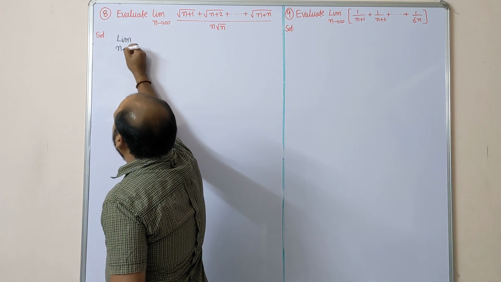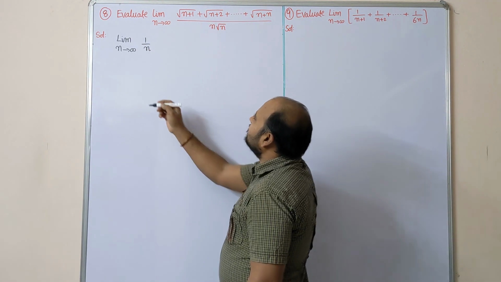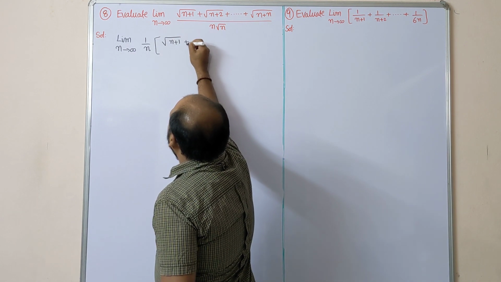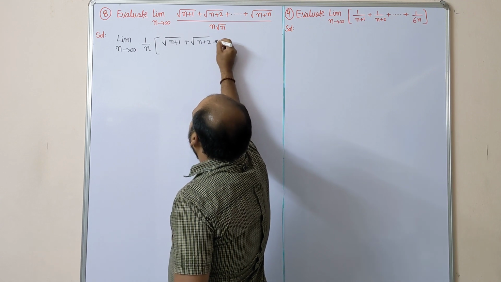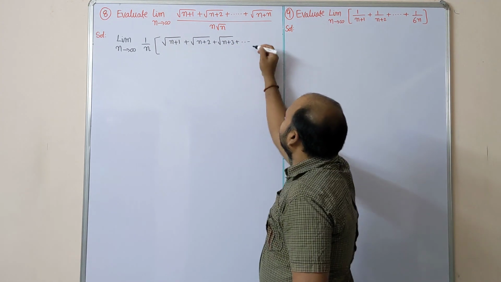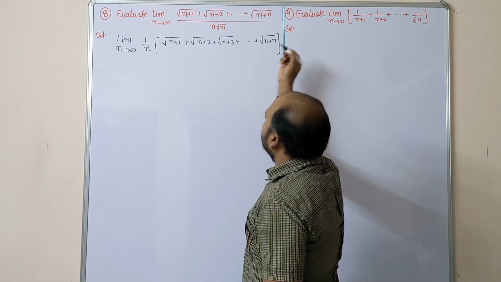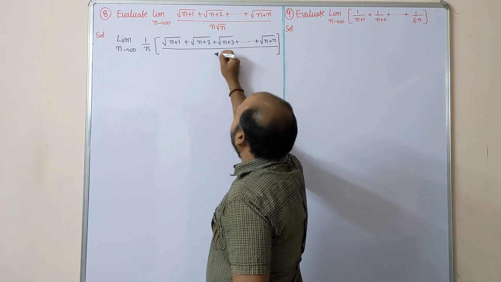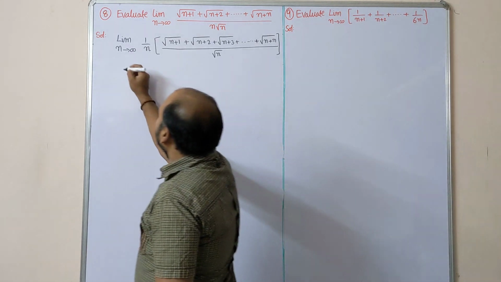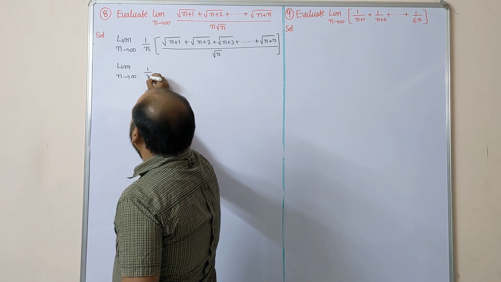Limit n tends to infinity 1 by n. The rest of the terms, observe carefully: root n plus 1 plus root n plus 2 plus root n plus 3, plus and so on, root n plus n, divided by root n. Later on, limit n tends to infinity 1 by n.